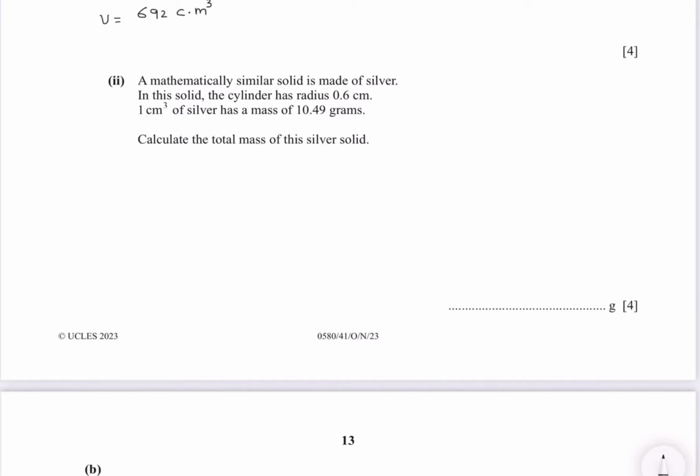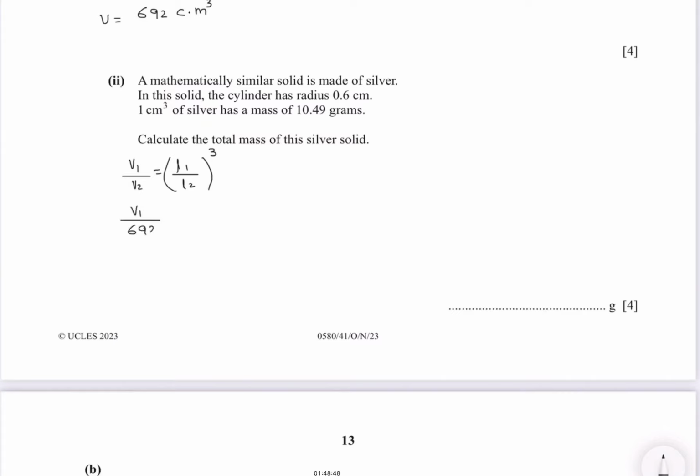A mathematically similar solid is made of silver. In this solid, the cylinder has radius 0.6. 1 cubic centimeter silver has a mass of 10.49 grams. Calculate the total mass of this silver solid. Okay, so V1 over V2 equals L1 over L2 whole cubed.